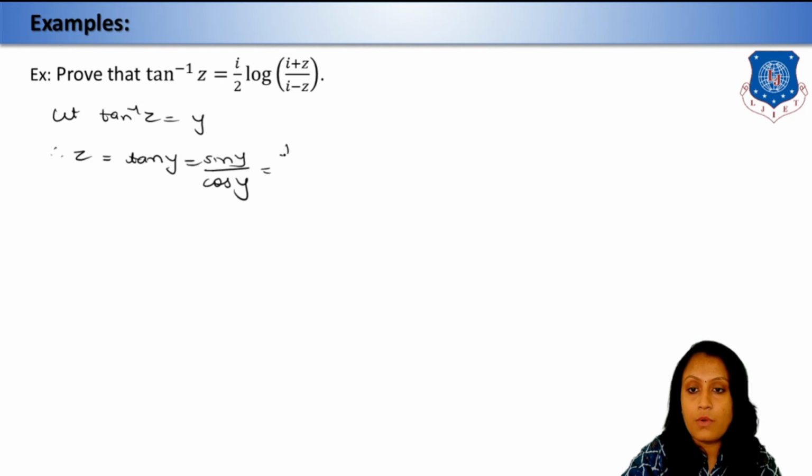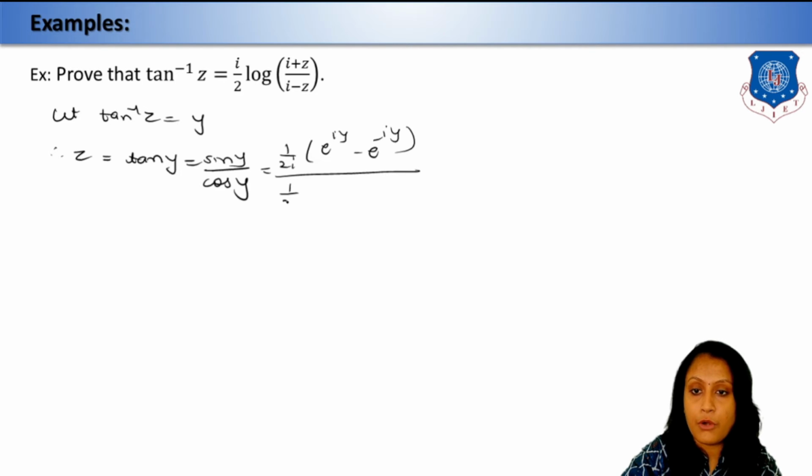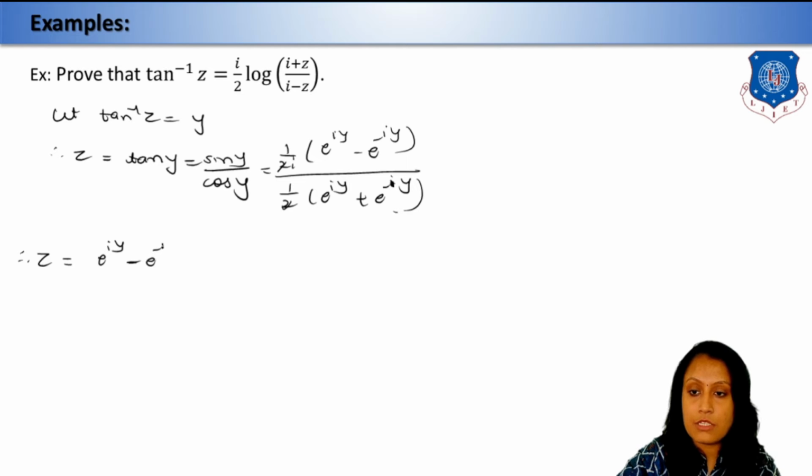So this is 1 upon 2i times (e raised to iy minus e raised to minus iy), and here we have 1 upon 2 times (e raised to iy plus e raised to minus iy). Now this 2 will get cancelled. So z is equal to (e raised to iy minus e raised to minus iy) upon i into (e raised to iy plus e raised to minus iy).